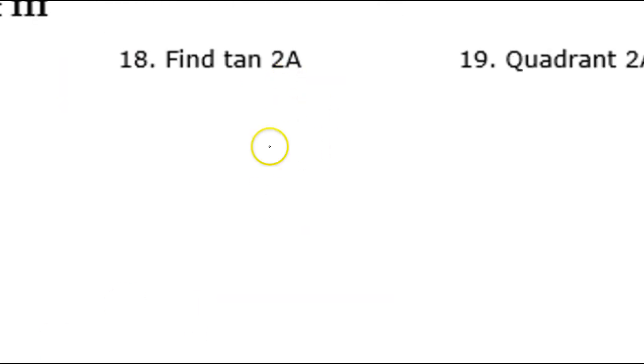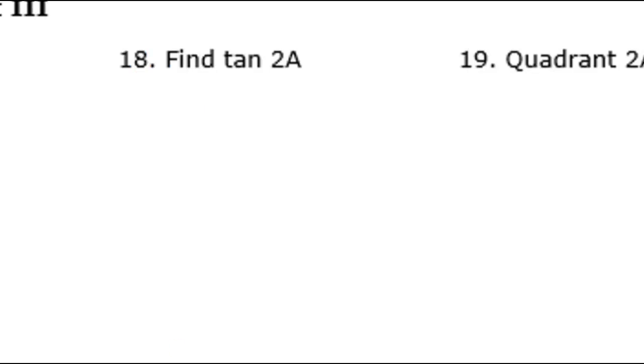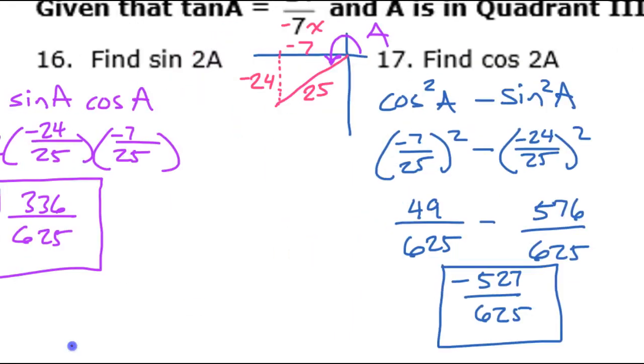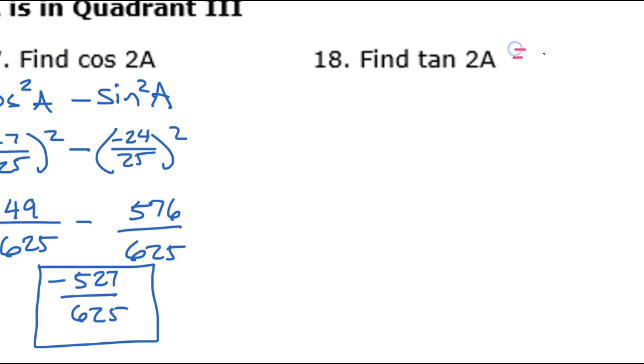For tangent of 2a, I could use the tangent formula, but it will be easier to go ahead and use the fact that I already have sine and cosine, and I know that tangent is equal to sine over cosine. So I'm just going to do sine of 2a over cosine of 2a, since I just found those two values.